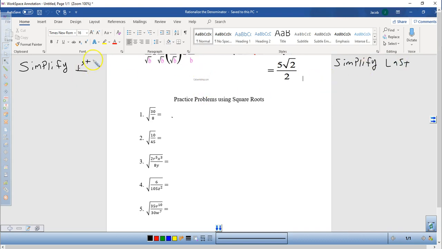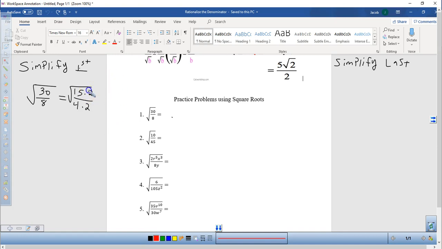And you'll see through both of these methods that you come up with the same answer. So if I simplify first, I have the square root of 30 over 8. Now I want to break this down. What number can divide into 30 and 8? Well, I know that number is 2. 30 is 15 multiplied by 2, and 8 is 4 multiplied by 2.